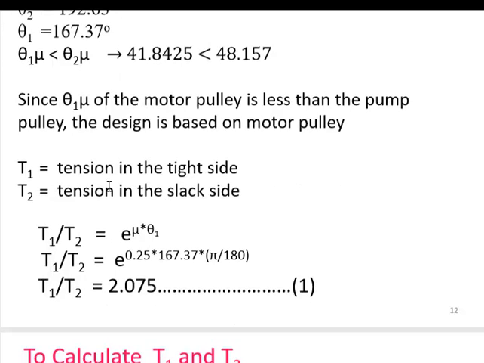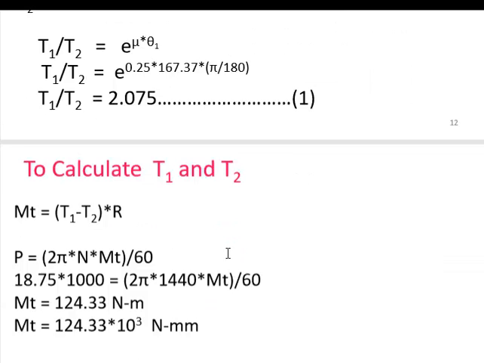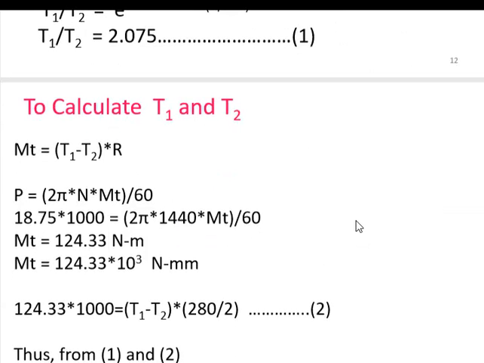Now T1 and T2 are the tensions in the tight side and the slack side of the belt. We know this equation and we can substitute the values of mu and theta 1, and the ratio T1 by T2 comes as 2.075. To calculate T1 and T2, we require the torque equation. In the torque equation, we need to know what the torque is.